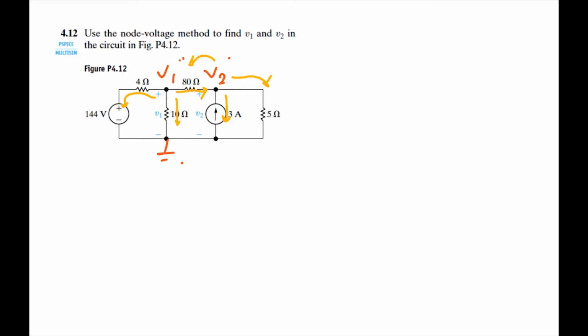We want to solve for currents leaving V1, so we will talk about V1 right now. We'll set up a system of equations with V1 and V2. We have current leaving V1 and going towards this 144 volt battery. So we know this voltage at V1 minus 144 volts over 4 ohms is that current, right?